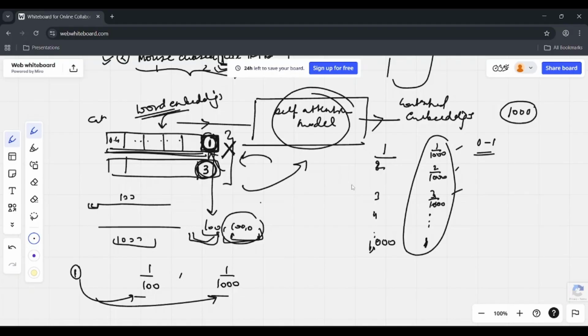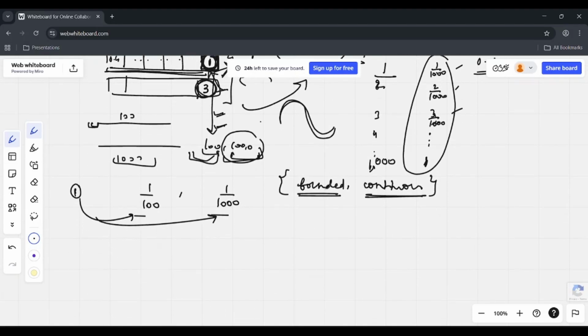Now what we want is something that is bounded, something that is continuous, because we know that discrete numbers are not working for us. Deep learning models like something which is continuous because we have gradients involved, right? So that is why we want something which is continuous. What we want is a bounded, continuous thing, right? So what researchers thought is, why not use trigonometric functions?